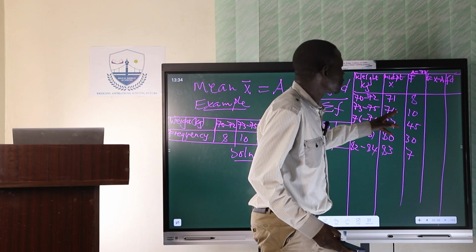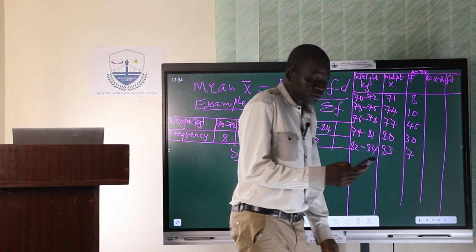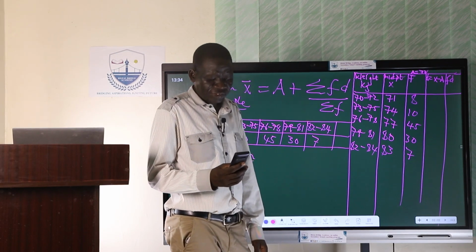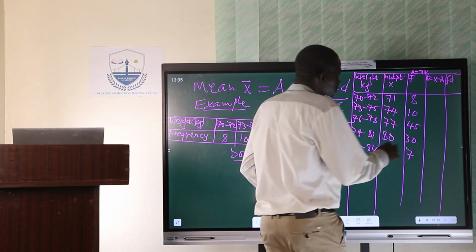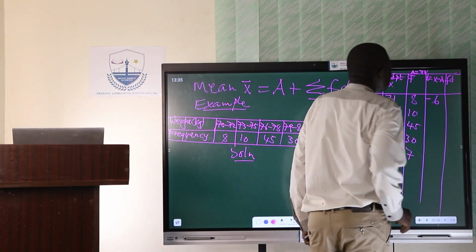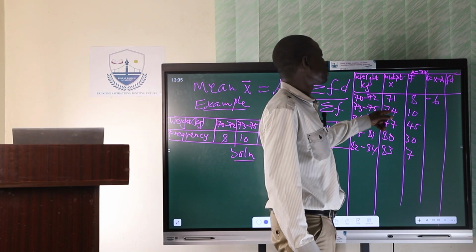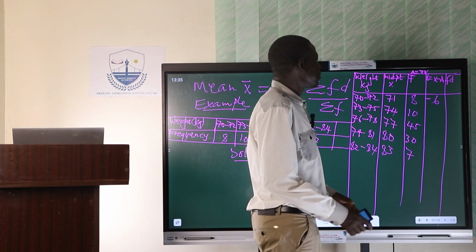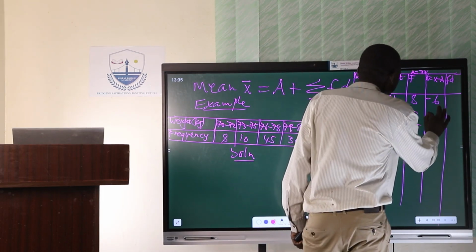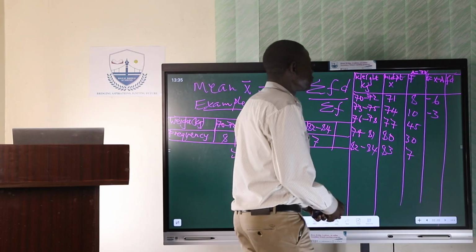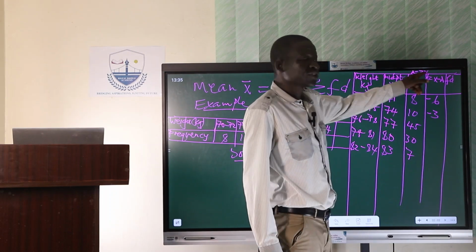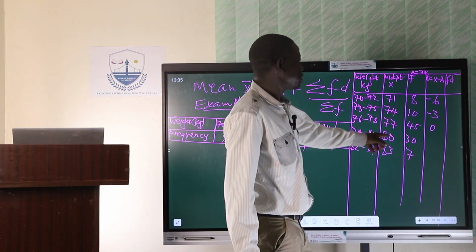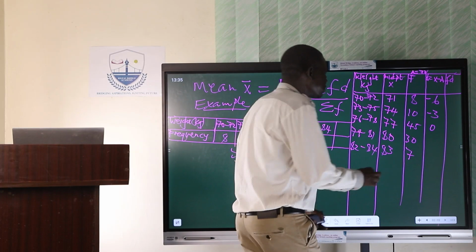So we have 71 minus 77, we get negative 6. 74 minus 77, we get negative 3. 77 minus 77, we have 0. 80 minus 77, we get 3.